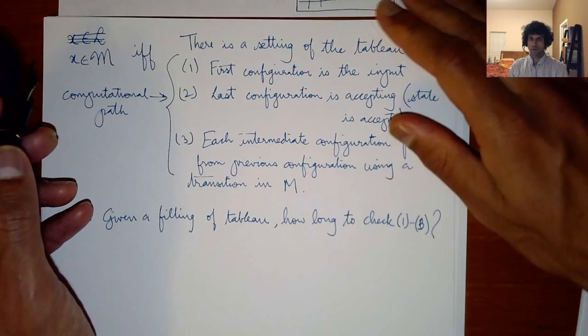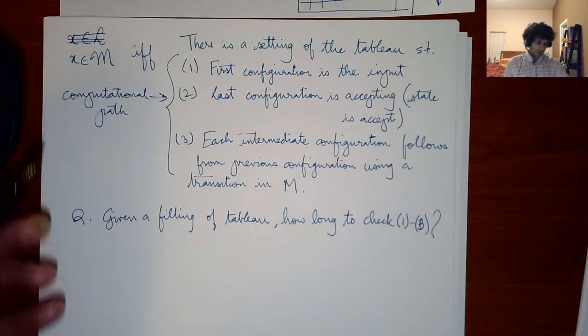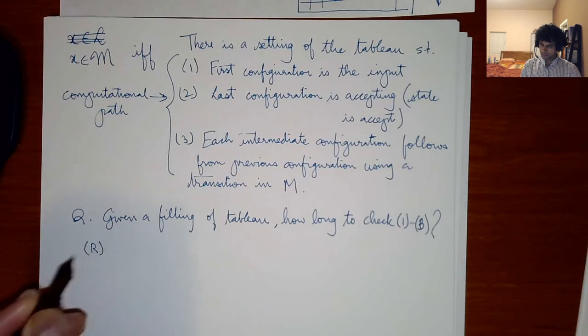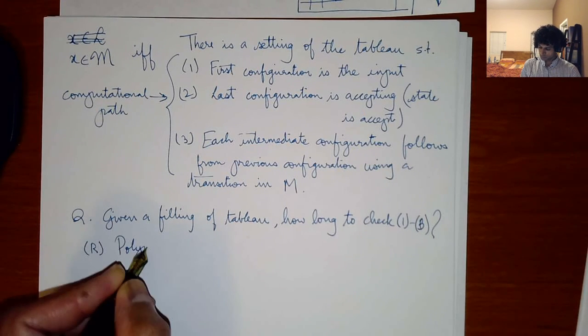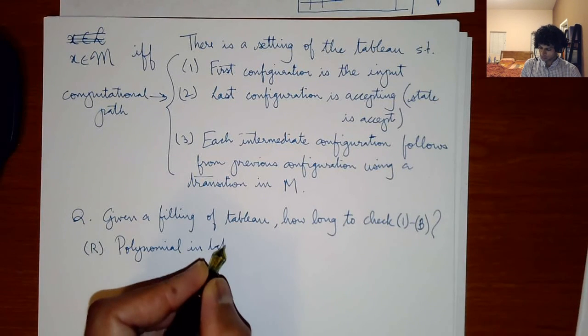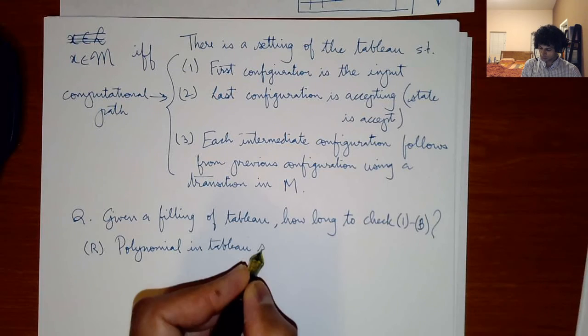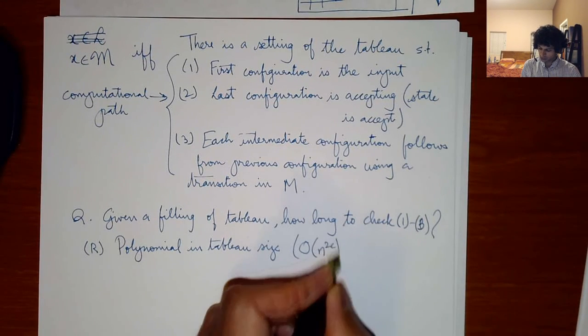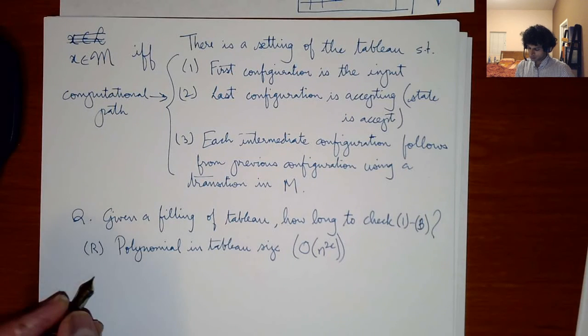How long does it take to check conditions 1 to 3? Is it polynomial in the tableau size? And the tableau size, remember, is O of n to the 2c, like O of n to the c times n to the c.